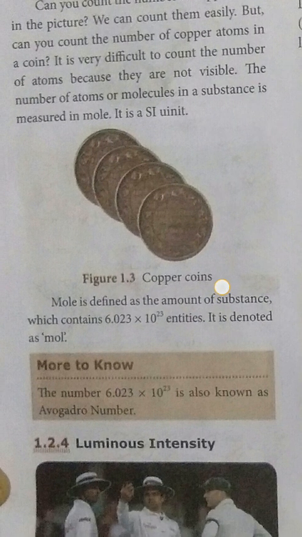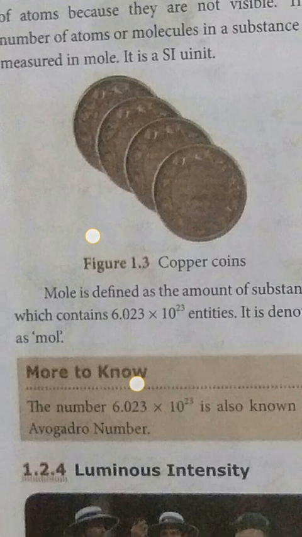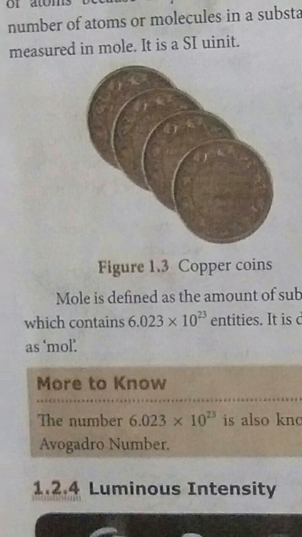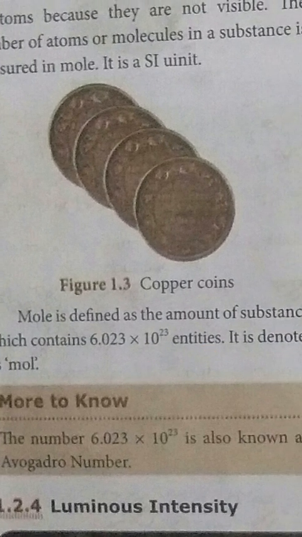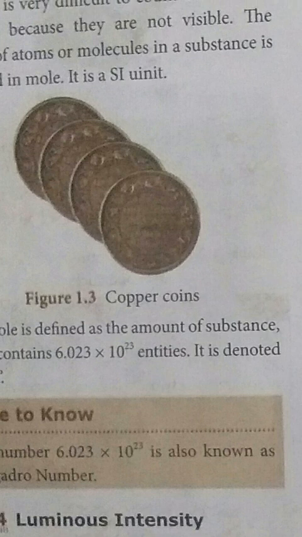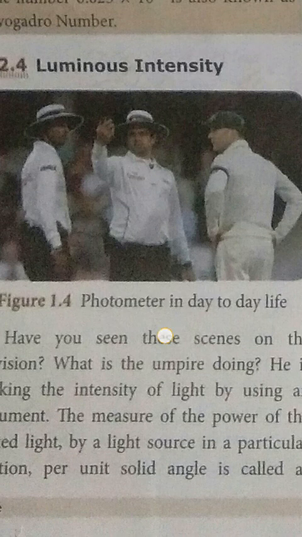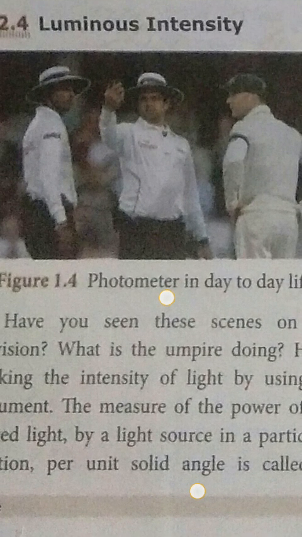Next question, define mole. Mole is defined as the amount of substance which contains 6.023 into 10 power 23 entities. That also you have to write. Next one, define luminous intensity.